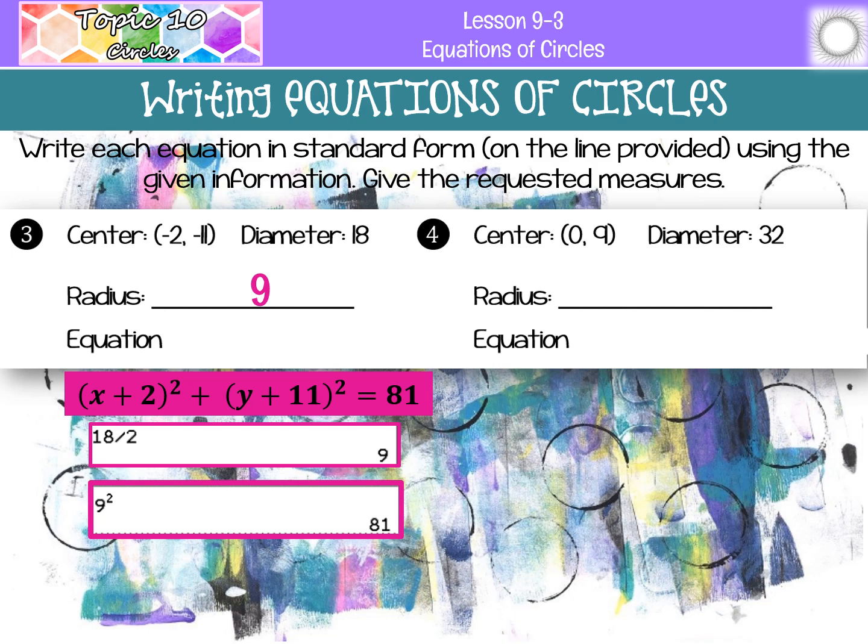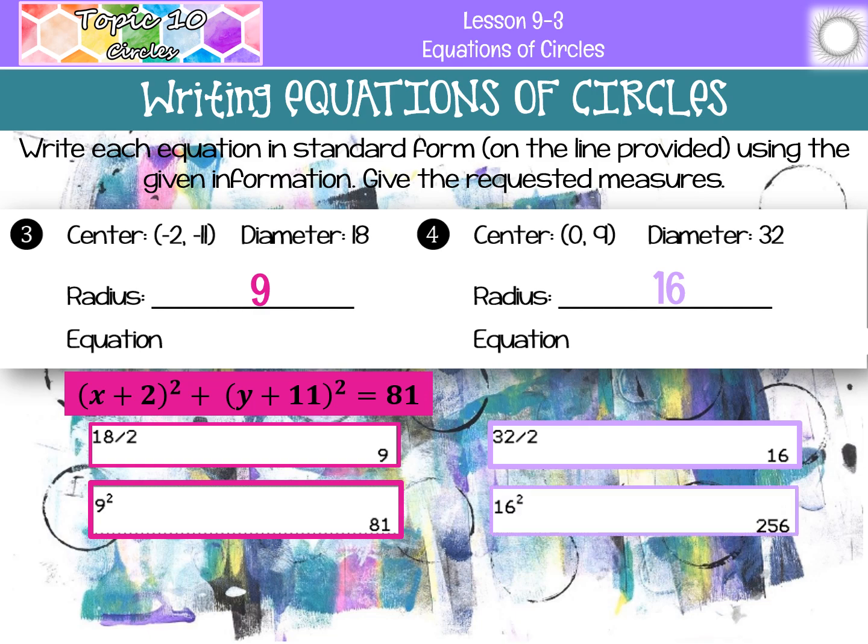Number 4, diameter is 32, cut it in half, radius is 16. We'll need to square that to get our equation. In our center, we have 0 for the x and 9 for the y. So x squared plus the quantity y minus 9 squared equals 256.